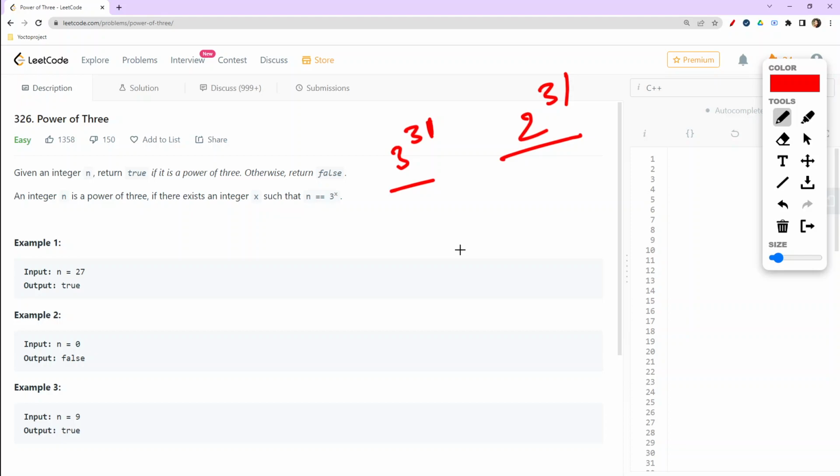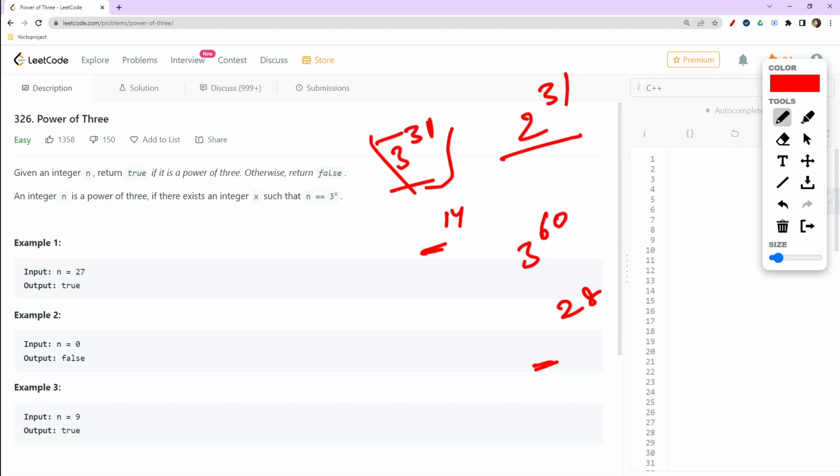So when we calculated 3 raised to power 31, it comes out to be something raised to power 14 and some digits. Then I took 3 raised to power 60, and there I got 28 and some digits.